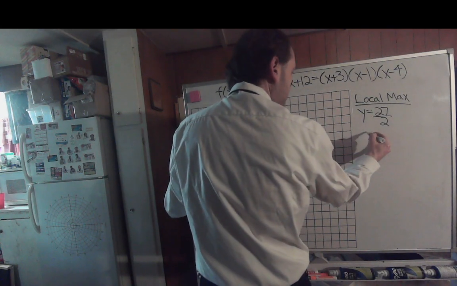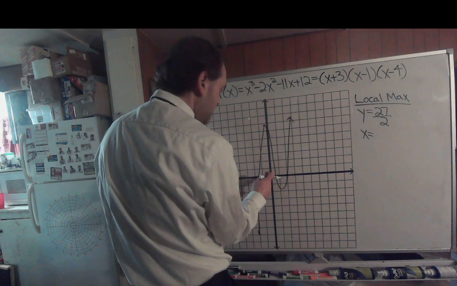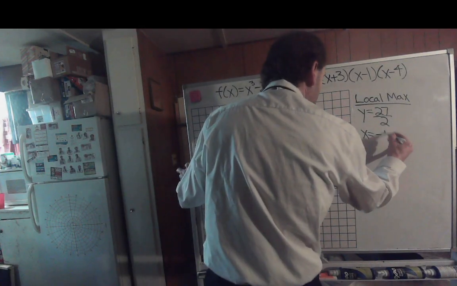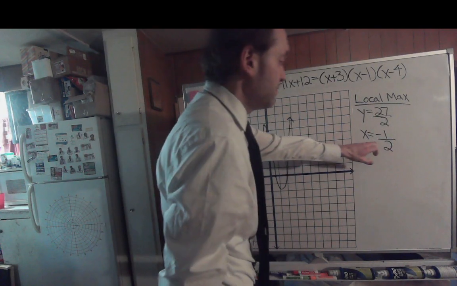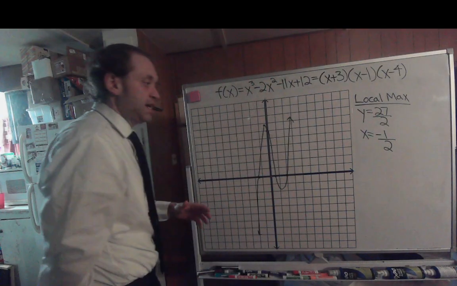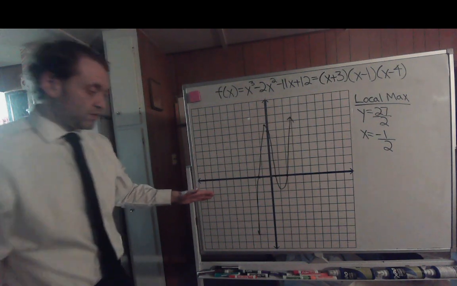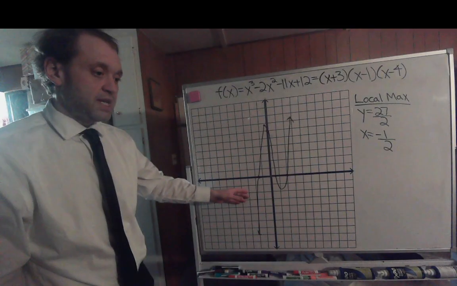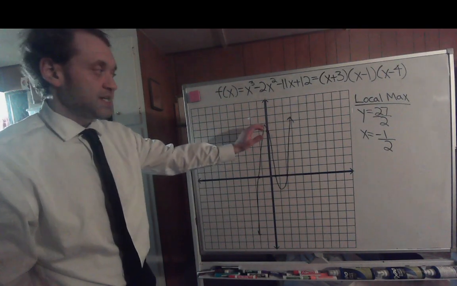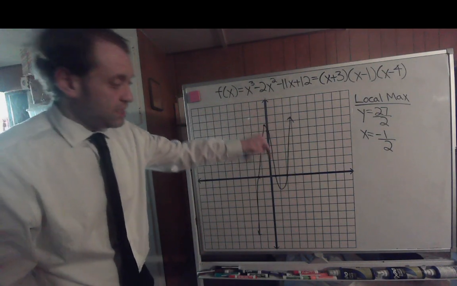So what's the x value at that point? That's going to be about negative 1/2. So your local max would occur when the x has a value of negative 1/2. The y value, the local max itself, would be 27 halves. The max in this case, because the further right you go from the negative x's, it actually starts increasing till you reach that x point of negative 1/2. And then it starts decreasing again.